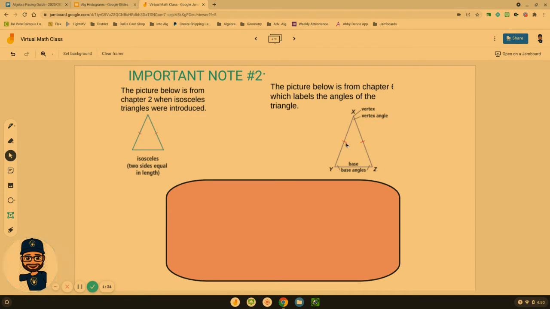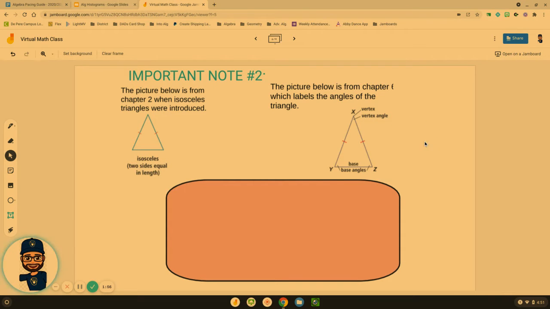We've got the two congruent sides, left side and right side, and where do they meet? If I follow them up to see where they meet, we call that the vertex of the triangle. If that's the vertex of the triangle, the angle right underneath it is the vertex angle. That's important to know.